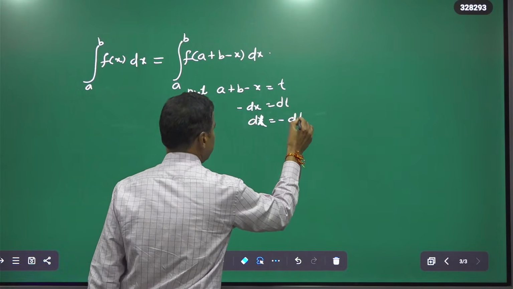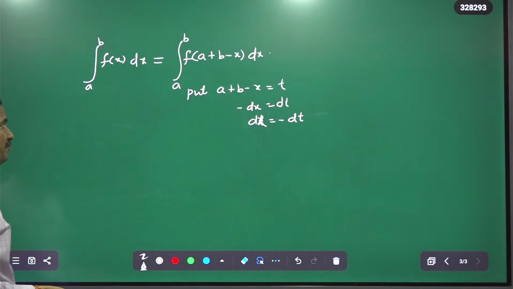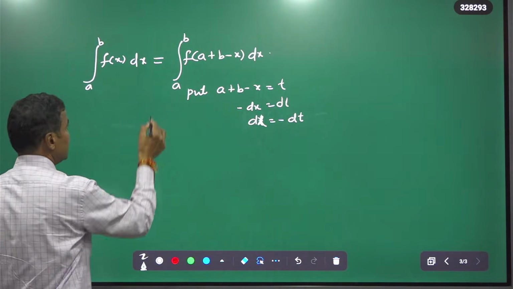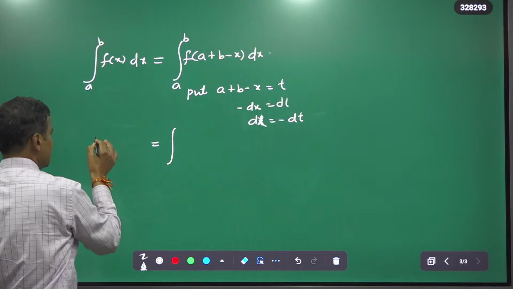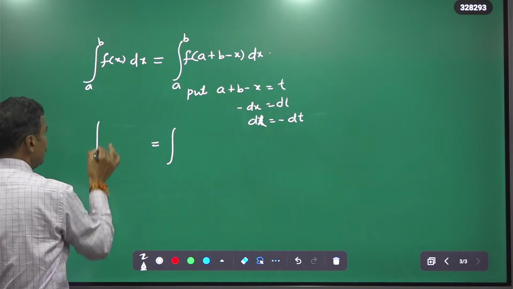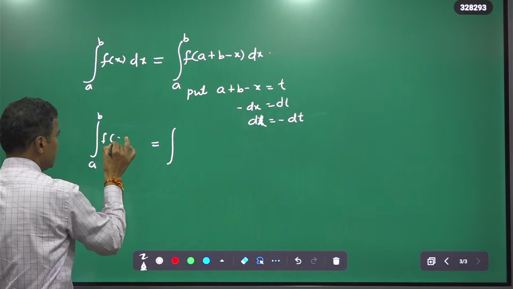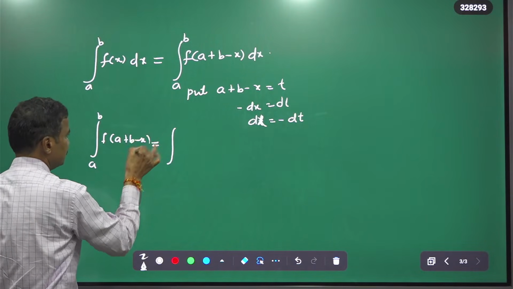Therefore, the integral of a to b f of a plus b minus x dx.